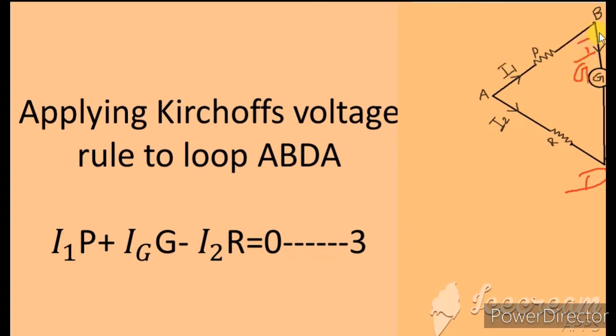So I1P, this is flowing in the same direction, so plus IGG. Now when you come here, this is in the opposite direction, and so we are writing minus. So minus current and the resistance I2S. That is equal to what? No EMF here, and so we are writing equal to 0. Okay, so this is for the circuit A, B, D and A.